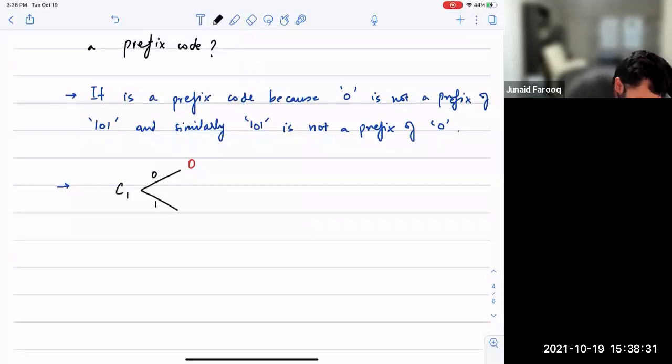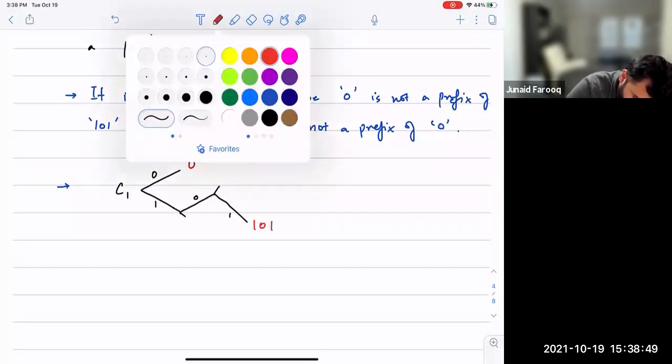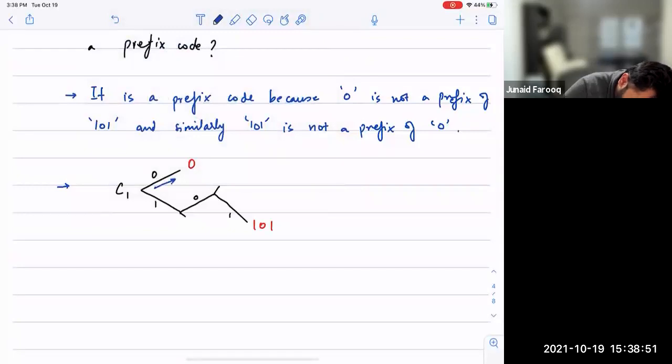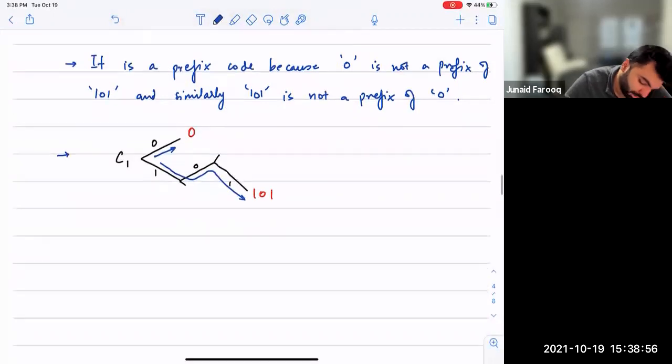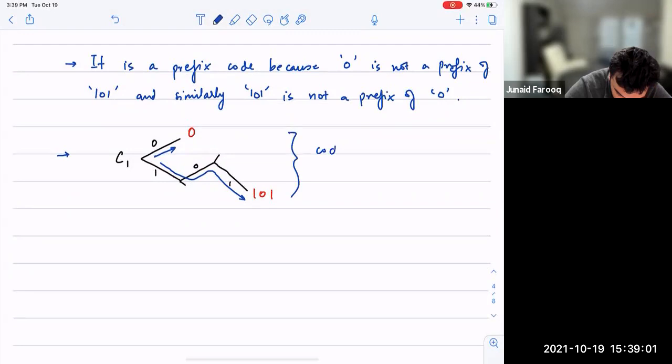So from here we will have 0 and then we'll have a 1 here. So our second code word is 101. Since we are at distinct leaves, it is really a prefix code.